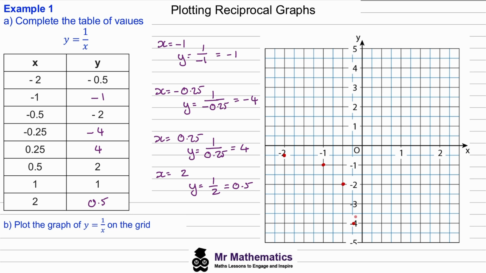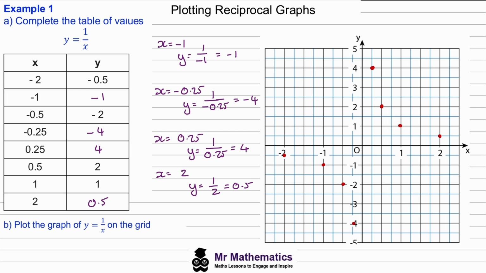And then when x becomes positive, we've got positive a quarter to 4, 0.5 to 2, 1 to 1, and 2 to 0.5. And to plot the graph, we need to join these points together.